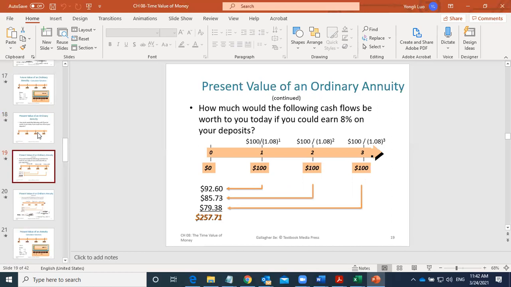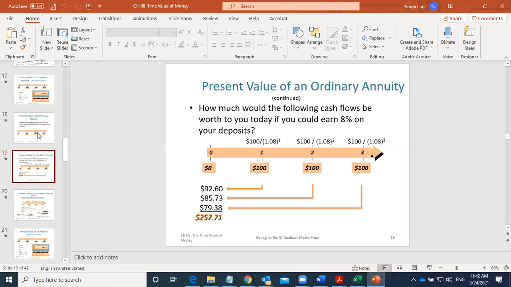For the first $100, you can see it is 100 divided by 1 plus 8%. You discount for one time period. The second one is 100 divided by 1.08 squared.